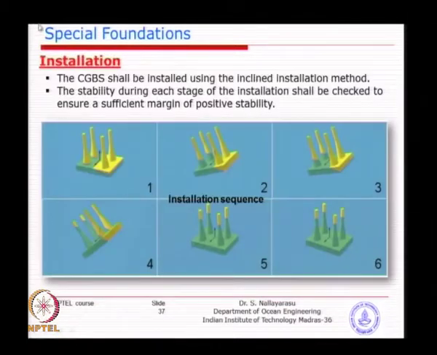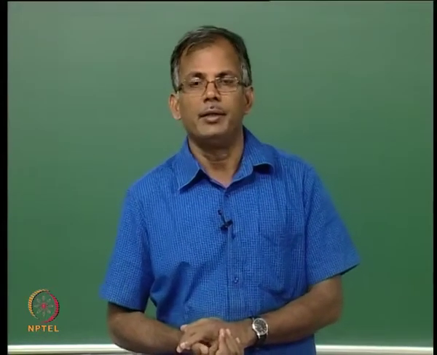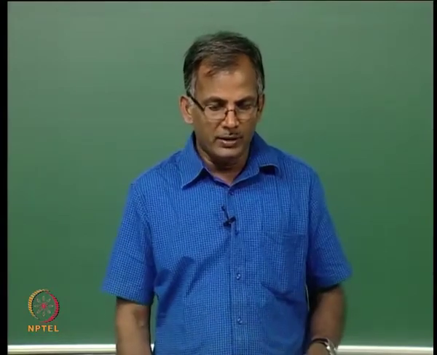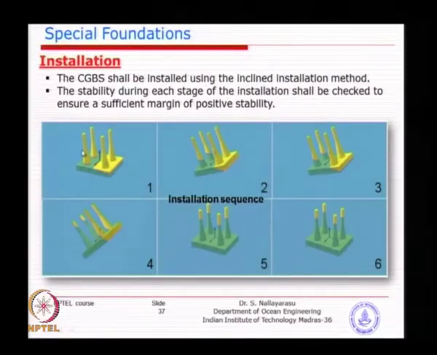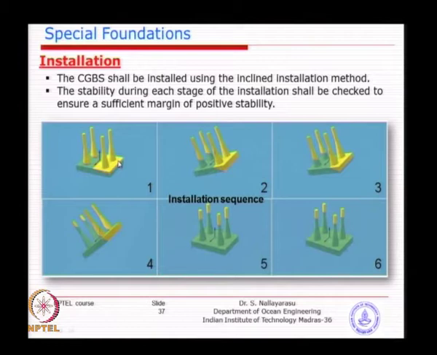The typical installation, just to give you an idea of how it is installed. Once the fabrication is done in the dry dock, you pull this whole structure into slightly sheltered water and start the construction of the shaft. That means the base caisson will be made in a shallow water or shallow depth dry dock, wherein you will have access to all the equipment, and you construct this.